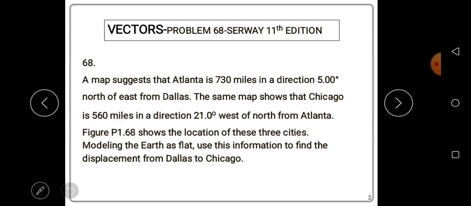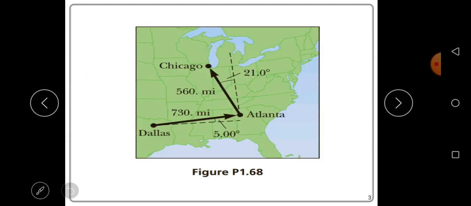So let's look at the diagram. So Dallas is here, as it can be seen. Then Atlanta is here. Then Chicago is here. So they want the displacement from Dallas to Chicago, from here to Chicago here.